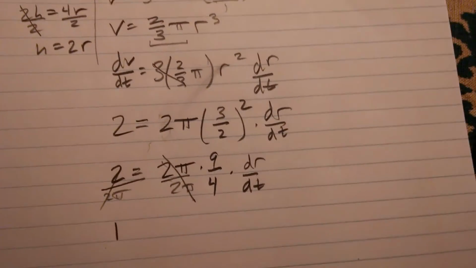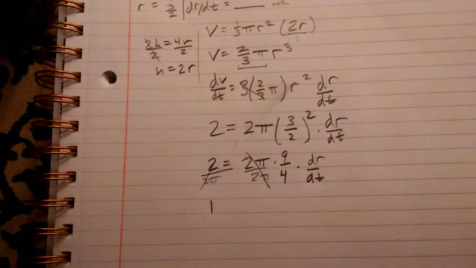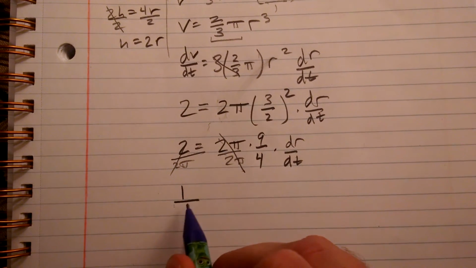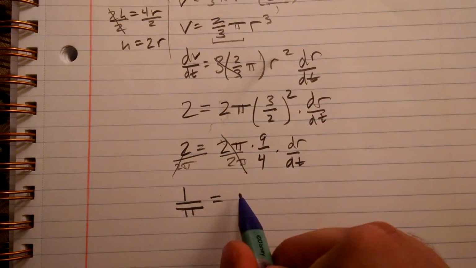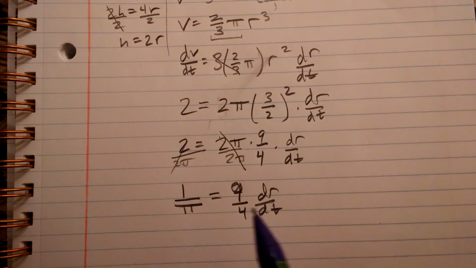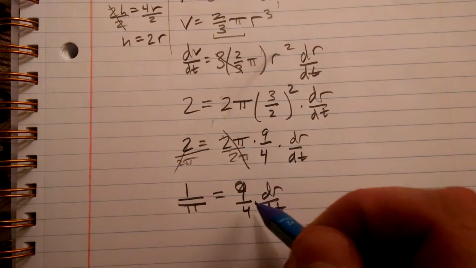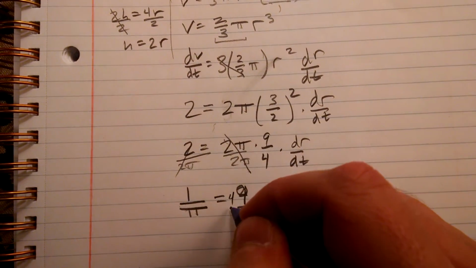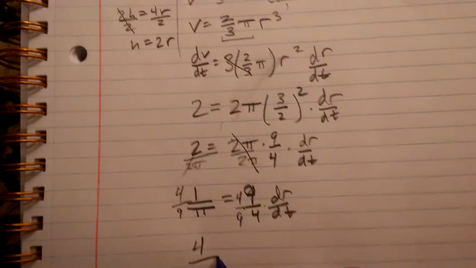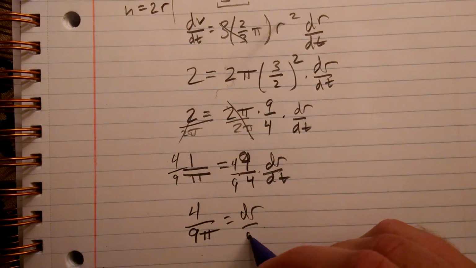I've got 1 over pi is equal to 9 over 4 dr/dt. And then to eliminate a fraction that's multiplied by something else, we can divide by it or just multiply by the reciprocal. And I got 4 over 9 pi is equal to my dr/dt.